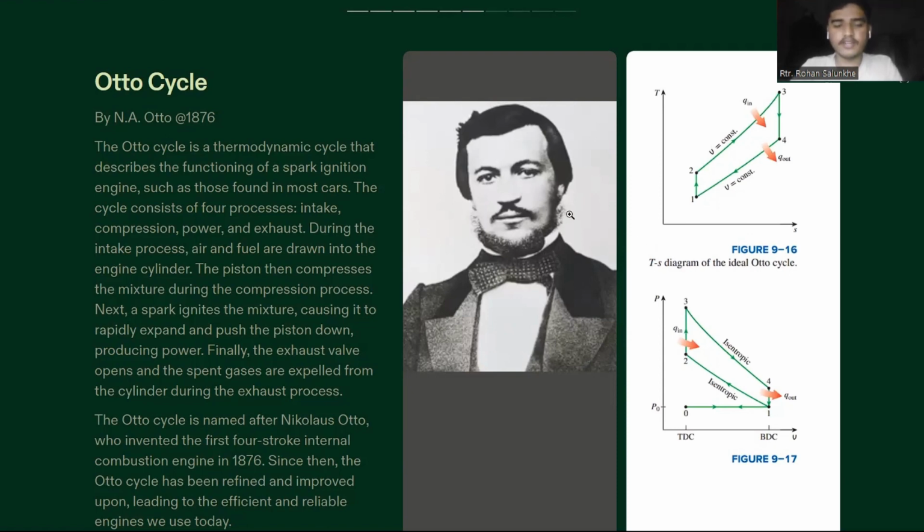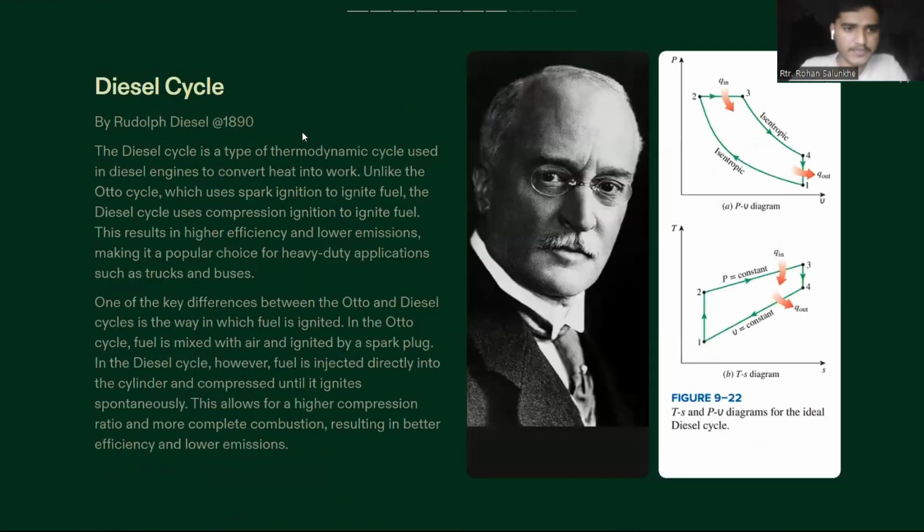Now moving towards our next cycle, the diesel cycle. As the name suggests, it is used in diesel engines. It was proposed by Rudolf Diesel in 1890. The diesel cycle is a thermodynamic cycle used in diesel engines, as I mentioned before. Unlike the Otto cycle, which uses spark ignition, it does not require spark ignition.